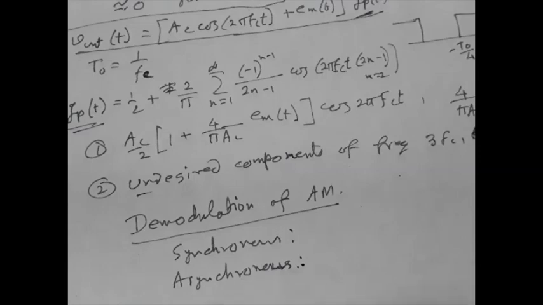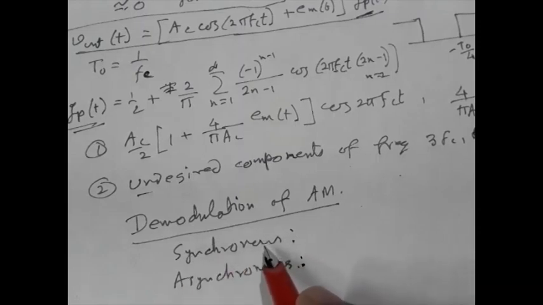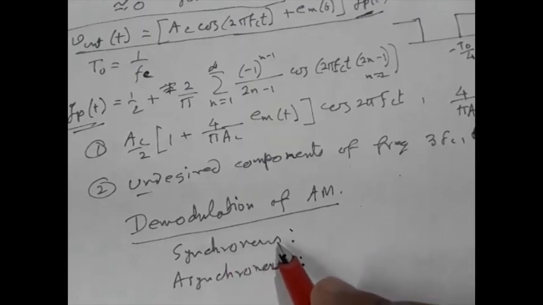So obviously the cost of asynchronous detector is much smaller or cheaper. It is much cheaper than the synchronous one. When we discuss synchronous detector or demodulator, we will discuss all these aspects.